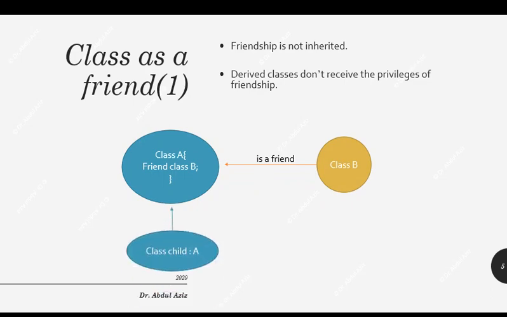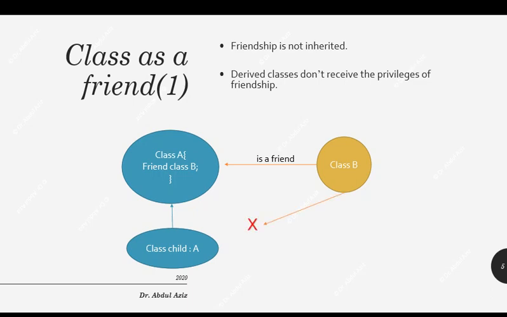Now, we derive another class with the name Child that inherits A. It's a derived class of class A. Because class Child is a derived class of A, and B is a friend of A, can B access Child?